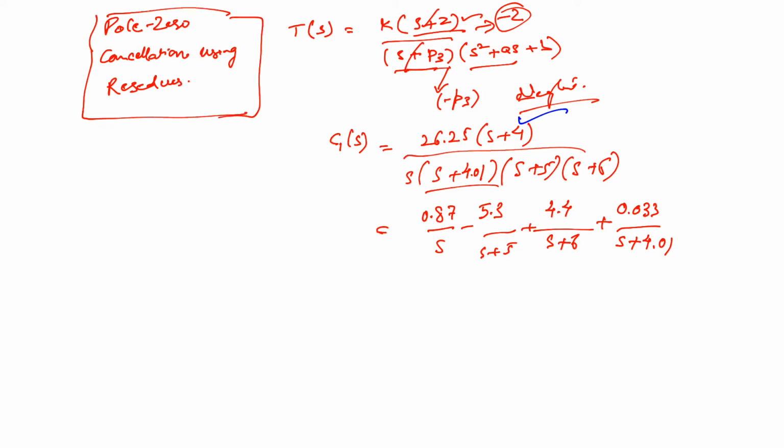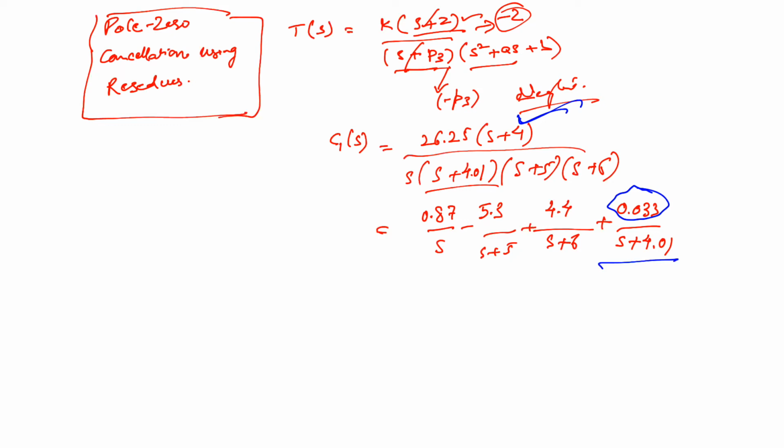The residue of the pole at minus 4.01, which is closest to the zero at s equals minus 4, is equal to 0.033, about 2 orders of magnitude below any of the residues.